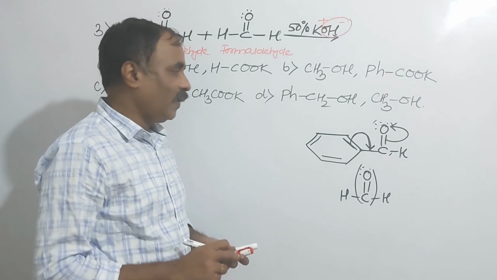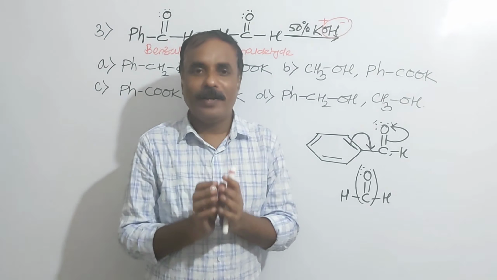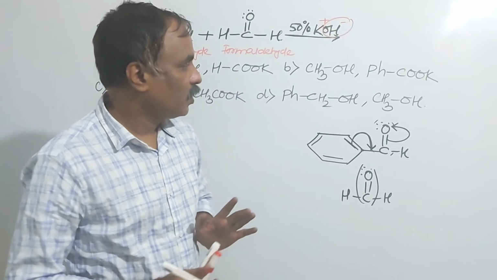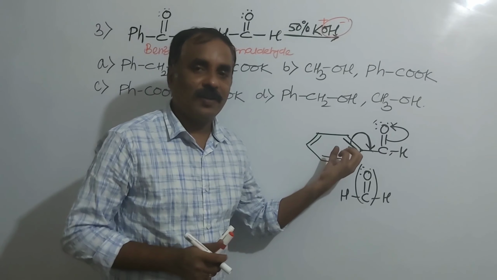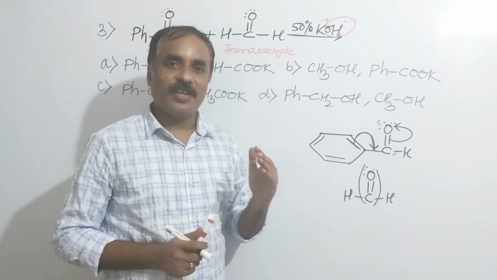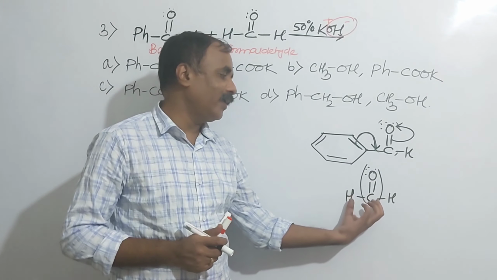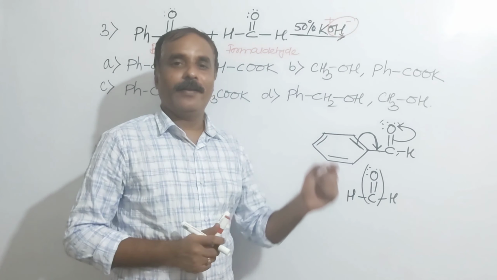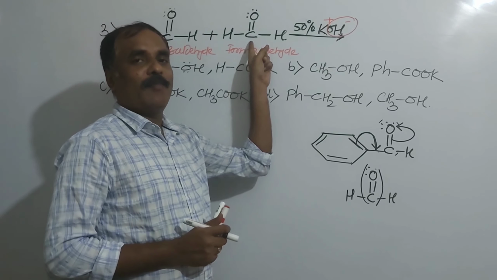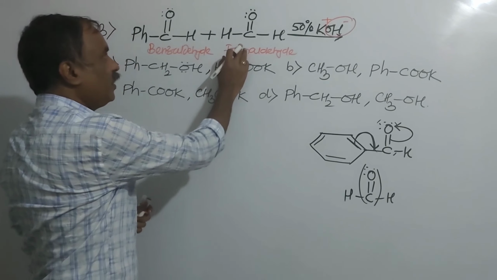And remember, when the electron deficiency of the carbonyl group decreases, reactivity also decreases. That is, benzaldehyde is less reactive compared to formaldehyde. There is an easy attack of the nucleophile in the case of formaldehyde, so the attack of the nucleophile is compulsorily on the carbon of the carbonyl group of formaldehyde.